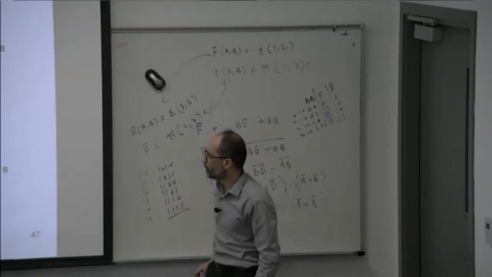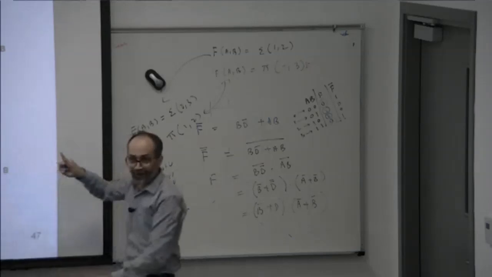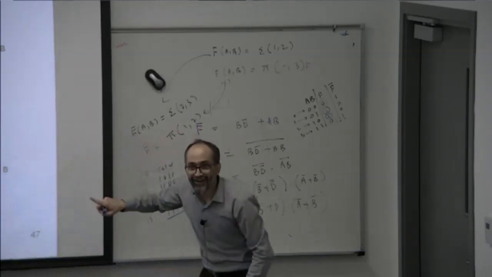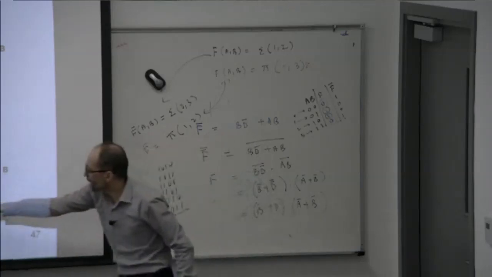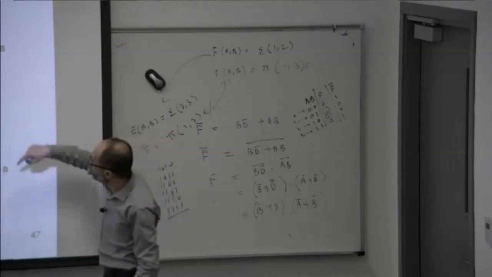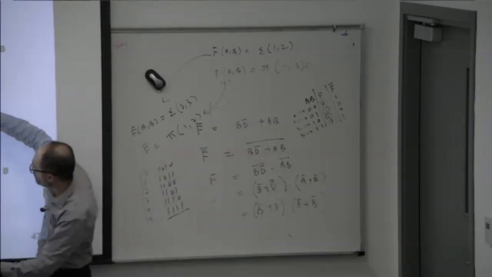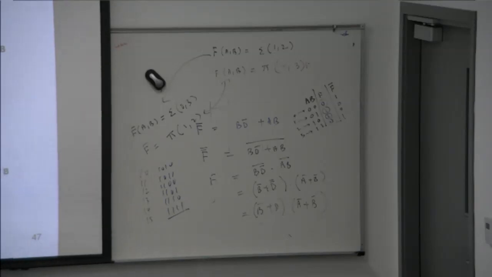Can you see here? Where is 1111? This is not here. Got it? 1111, this X. Which one? 1110, AB is 11, and then 10, this X.